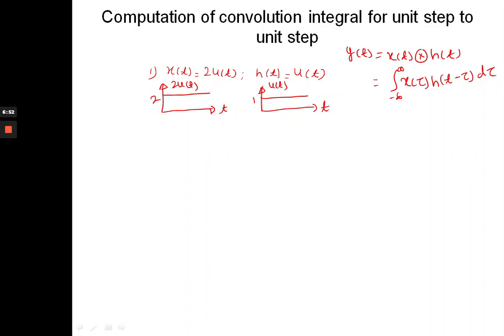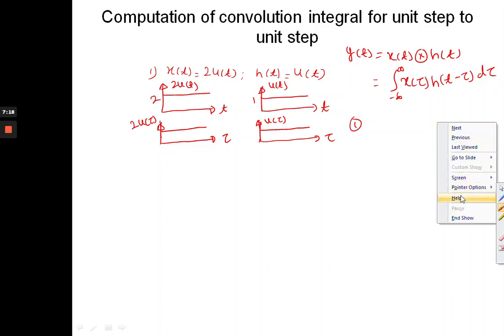What is the first step? Convert these signals to the dummy variable axis. This is 2 u of tau, and this is u of tau. This is the first step. Then what is the second step? Fold any one signal.